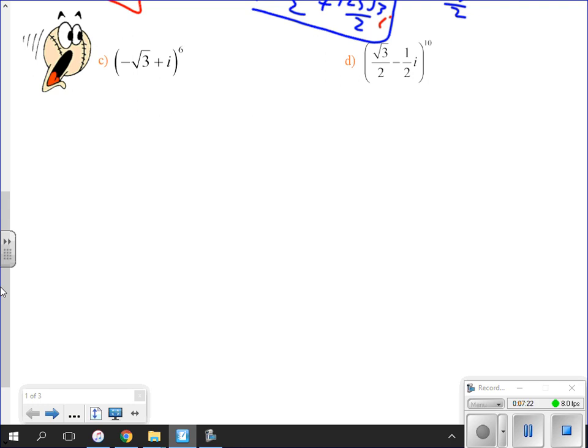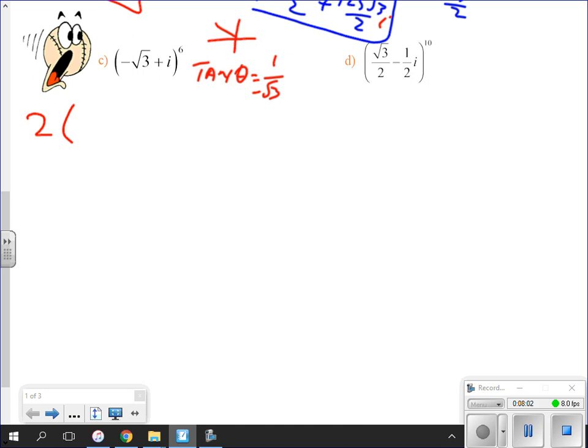But if you convert it over to polar form and then apply De Moivre's theorem, it's actually really easy to do. Okay, so polar form. First thing you've got to do is figure out the r. And the r on this one is 2. And then you have to figure out what your theta is. So on this one, the tangent of theta equals 1 over negative root 3, and this one is in the second quadrant.